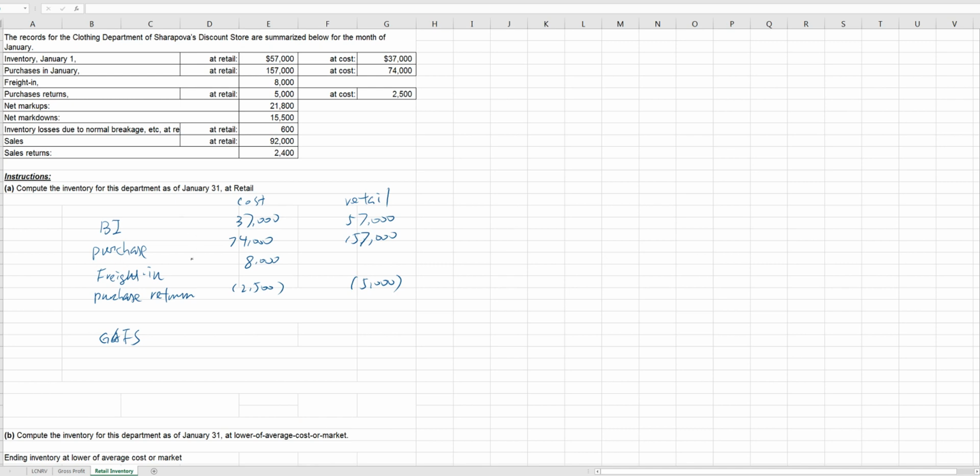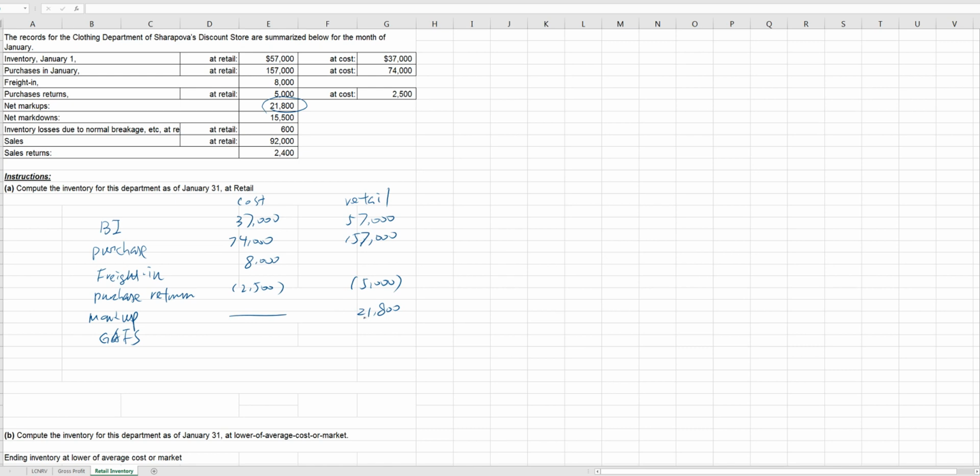We're going to treat the net markup as part of the goods available for sale. So we have the markup. We only have retail values, so markup will be treated as a retail value for goods available for sale.